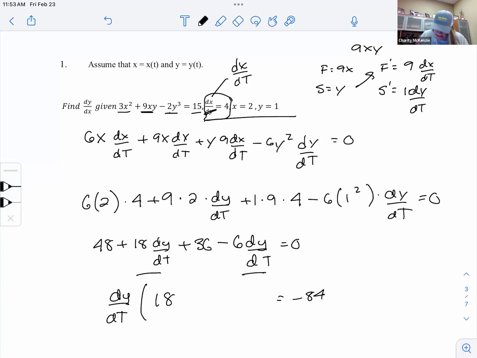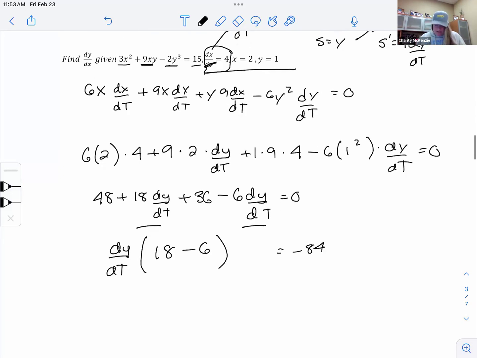That's going to leave 18 minus 6, which is just 12. So I'm going to divide that over, and I'm going to get dy dt is equal to negative 84 divided by positive 12, which is negative 7, I think. Yeah, negative 7. So this is the rate for y.